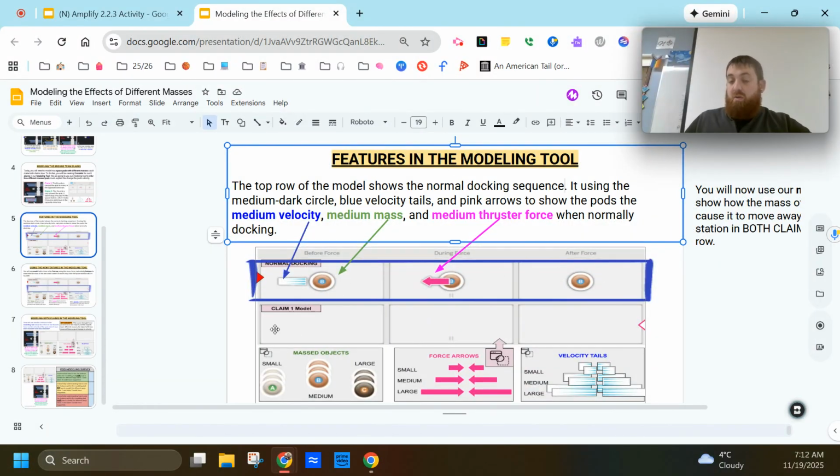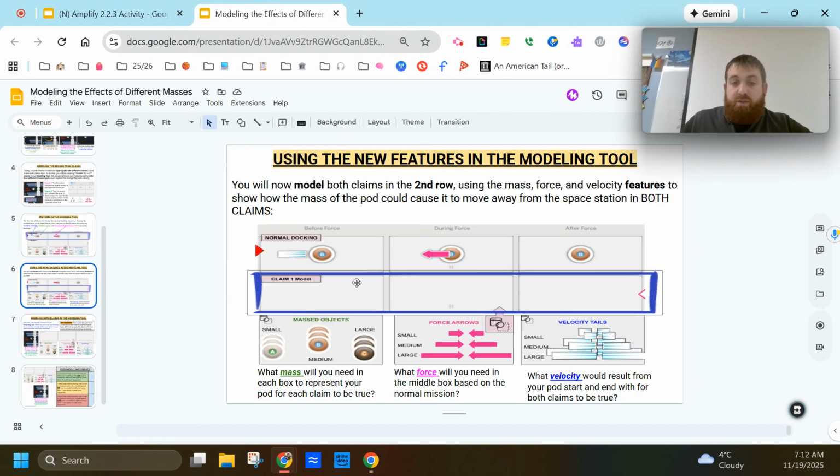We are going to have to model claim 1 and claim 2 below it. So to do that, to model both claims, in the second row, you're going to need to use our objects here that represent the different masses. You'll need to pull into all 3 of our boxes for both claims to be true.